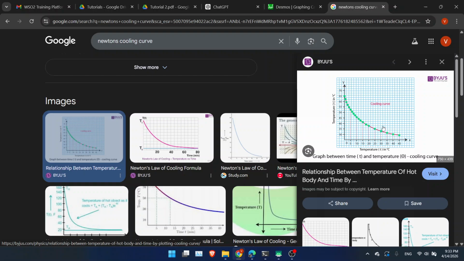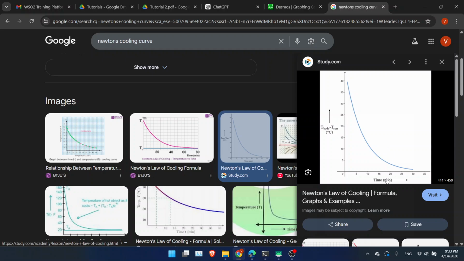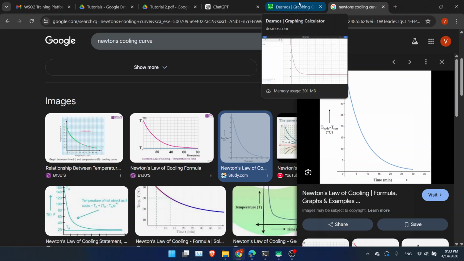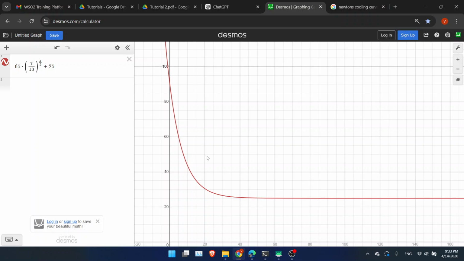So you can see this graph is mainly drawn using experimental values. At some time t, you measure the temperature. So if there is another graph, this is time and this is the temperature. You can see it is the same as what we get from the mathematical curve.